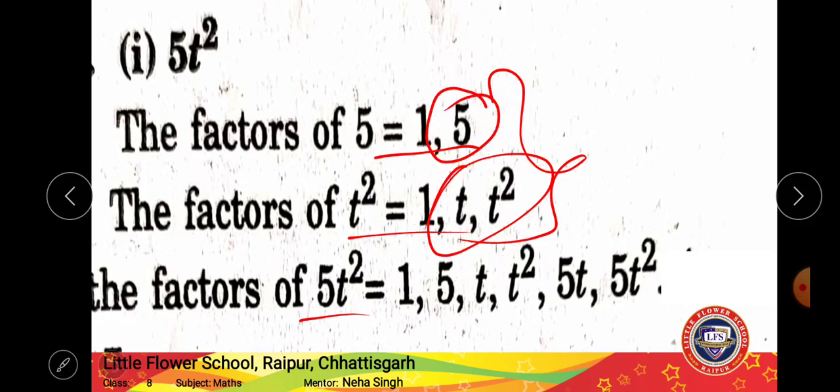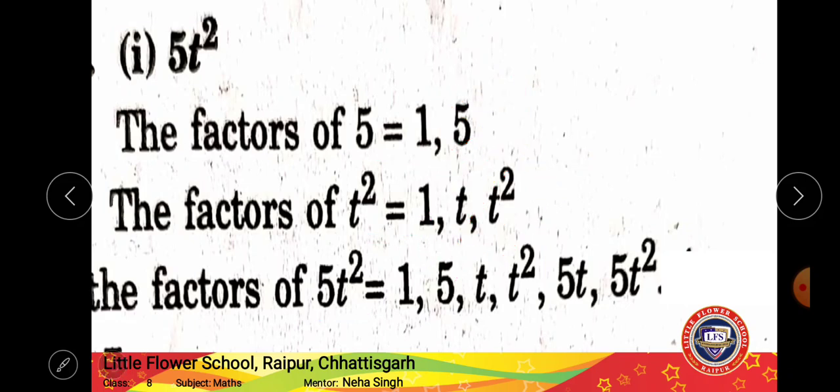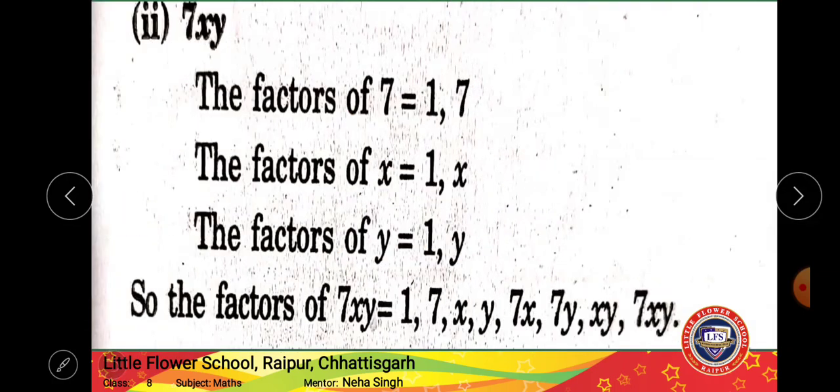Nothing to solve in this, you just need to note down the factors, right? First you write the factors of 5, then you write the factors of t square, and together you also write 5t square, right? Moving on to the next question.